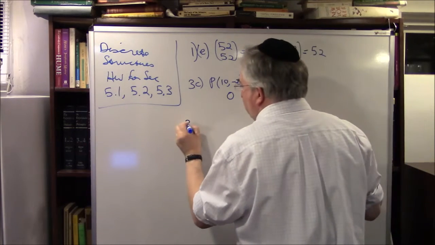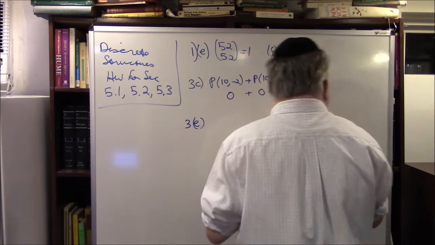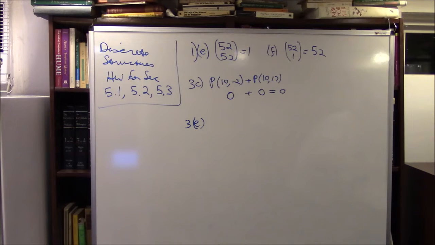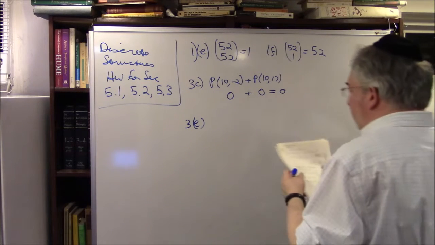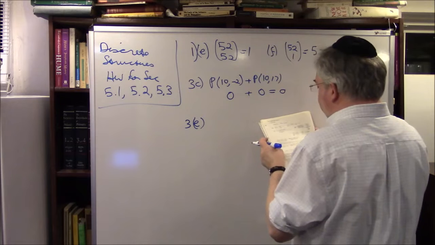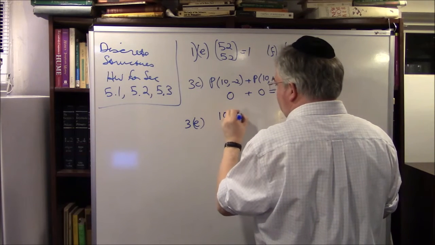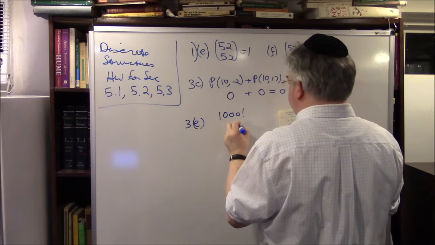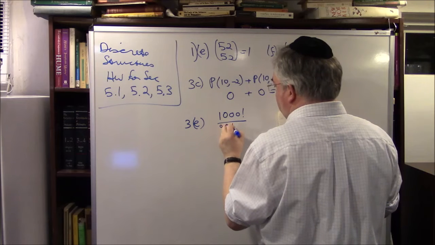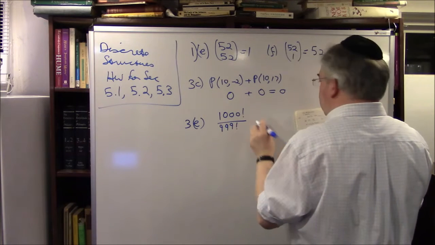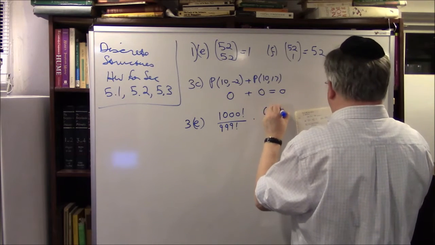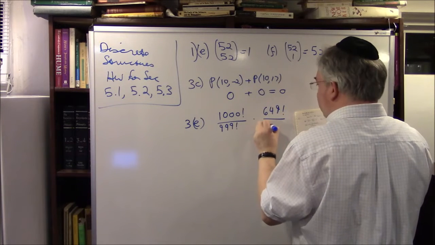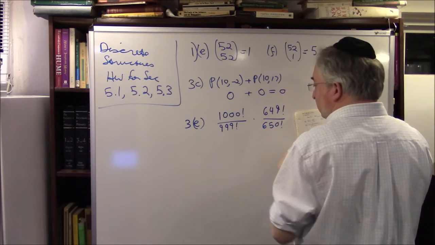Okay, 3E. You'll look at the problem, but the answer is 1000 factorial divided by 999 factorial times 649 factorial divided by 650 factorial.